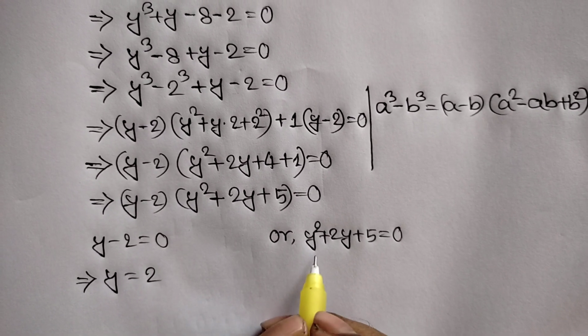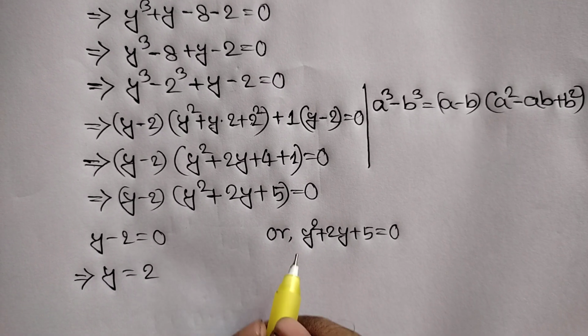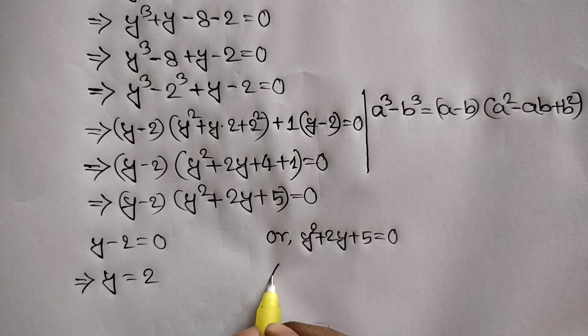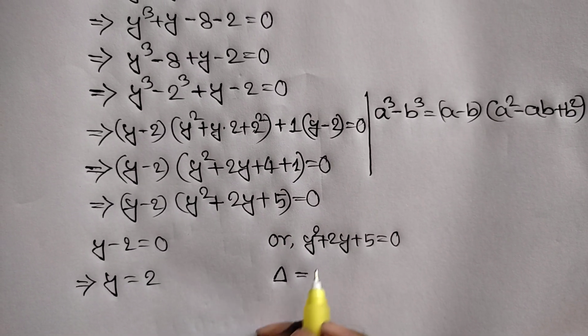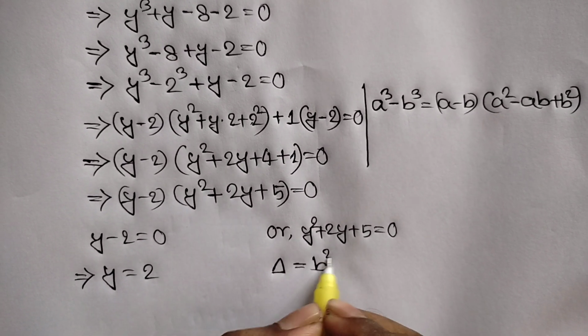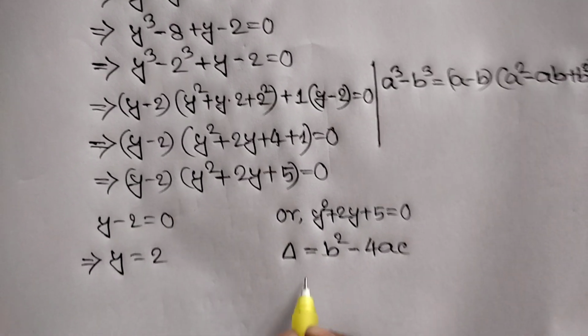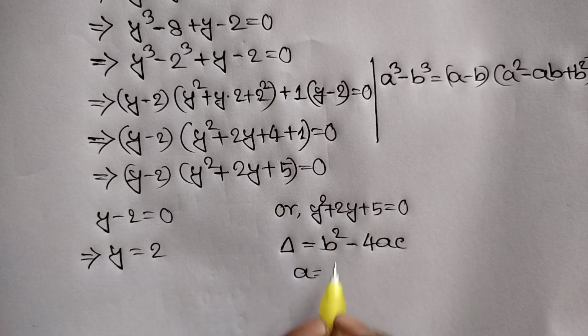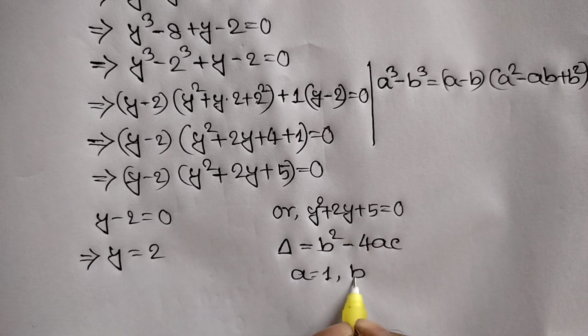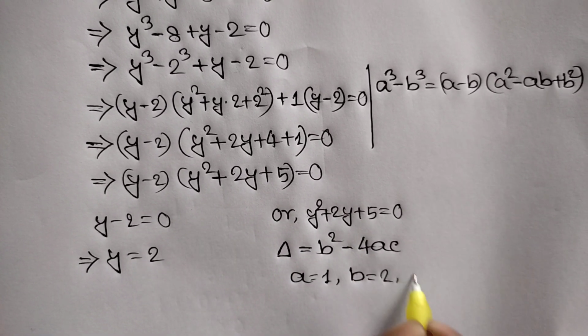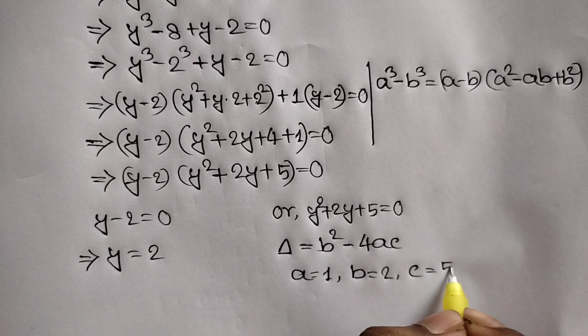Taking this negative 2 to the right side, we will get y is equal to positive 2. For the other equation, we can apply the discriminant formula. So del is equal to b square minus 4ac. Here a is equal to 1, b is equal to 2, and c is equal to 5.